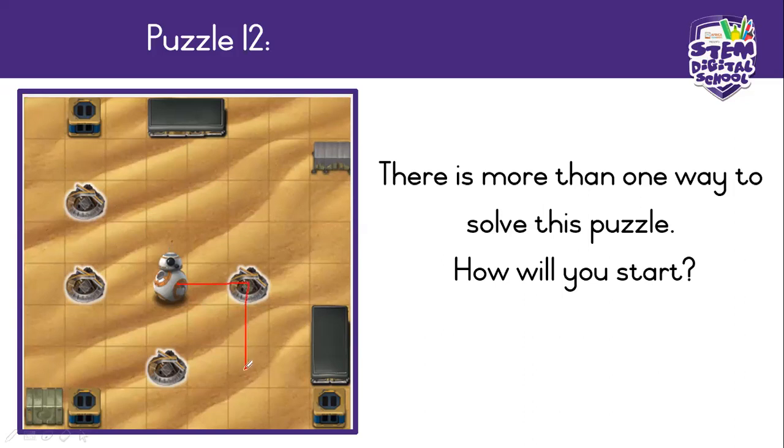Okay, and from here? West 2 times. And then? Then north once. There. And from here? West twice. There we go. And then? North 3 times. Excellent. Well, there we did it.